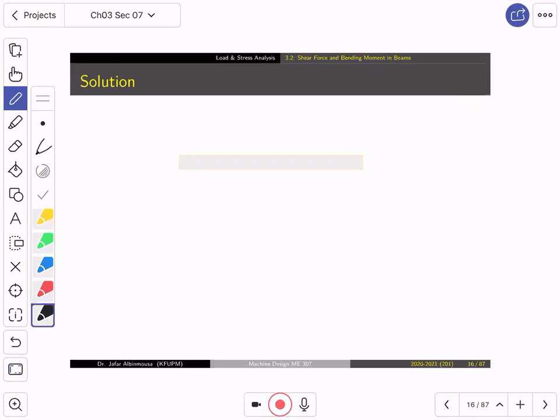I do the following. I should put the reactions, which are 4.86 kilopound, then I have 6 kilopound, and then a 4 kilopound-feet moment, and then over here 1.14 kilopound.